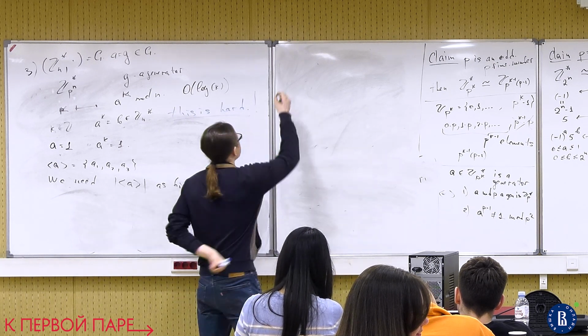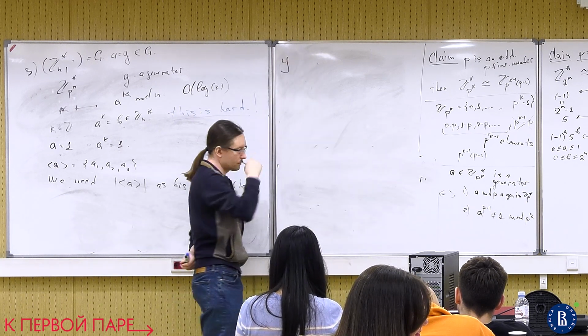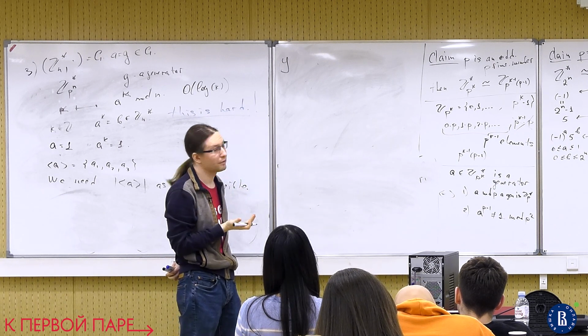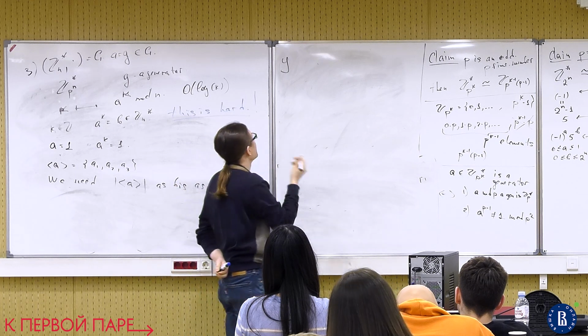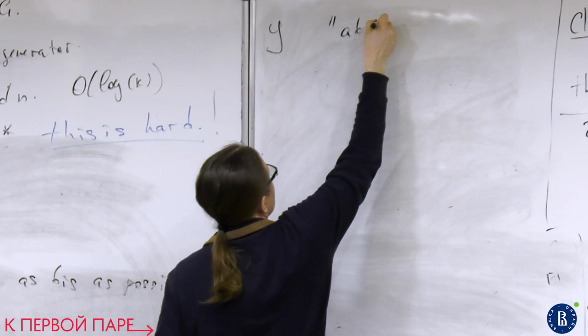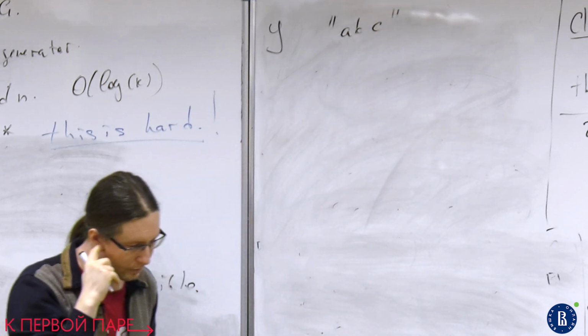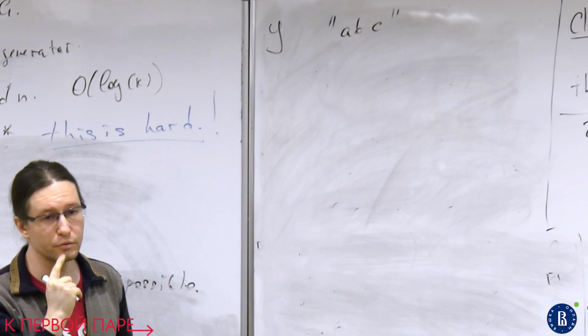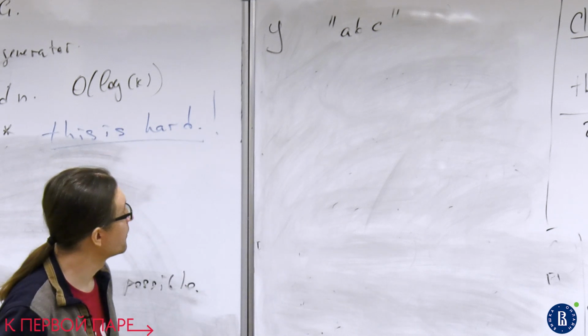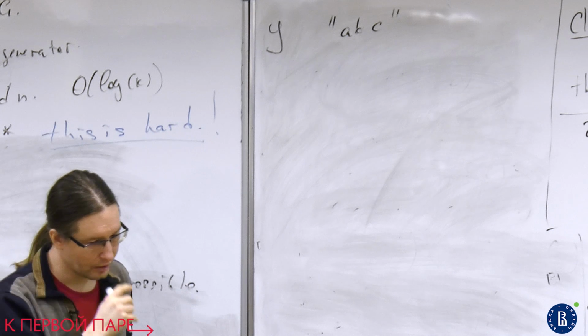So again, usually your message is encoded in some alphabet. Let's say your message is a string in an English alphabet. It has nothing to do with any group or anything we discussed yet. So it's just a string.